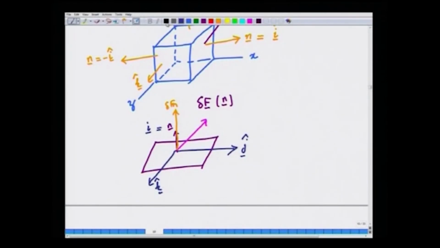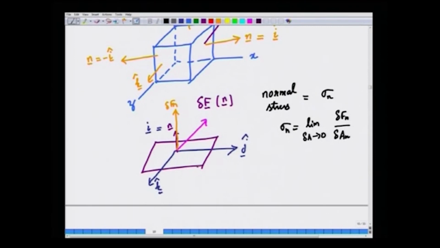Accordingly, these are called the normal stress and the shear stress. Stress is force divided by the unit area on which the force is acting. The normal stress is denoted by sigma n. Sigma n is the limit as delta A tends to 0 of delta f n divided by delta A n.